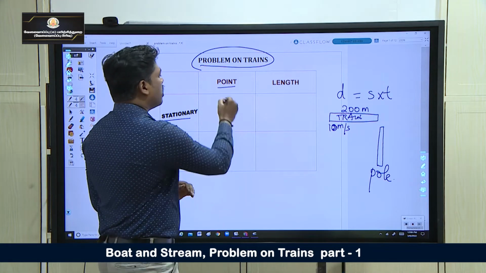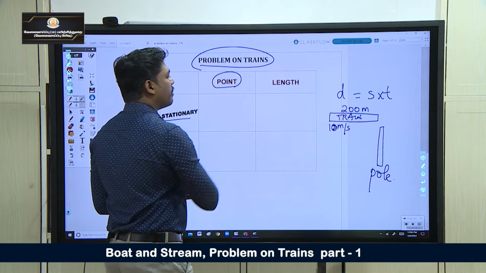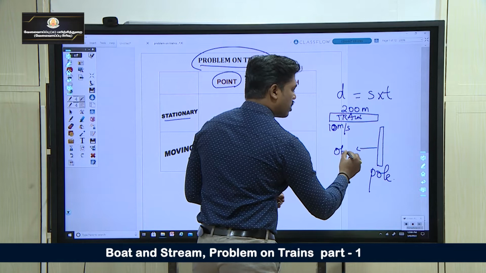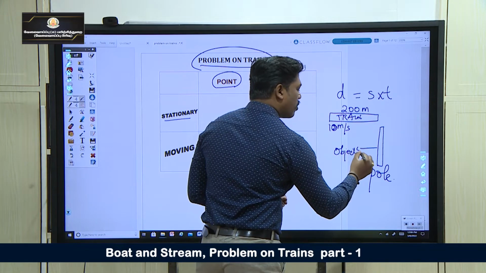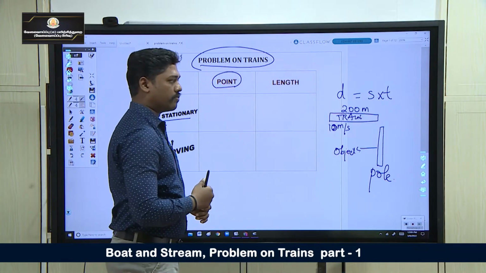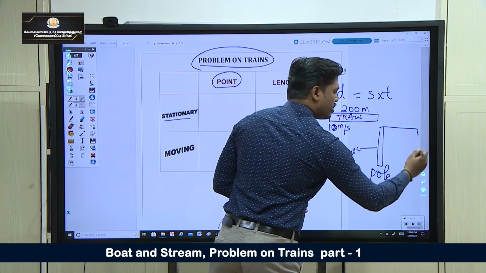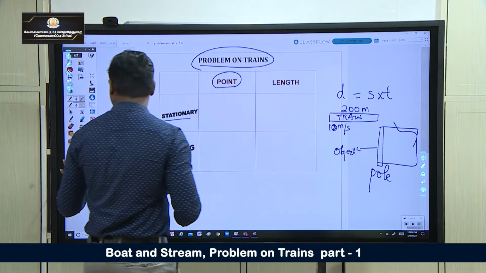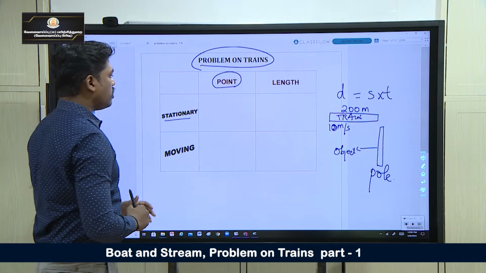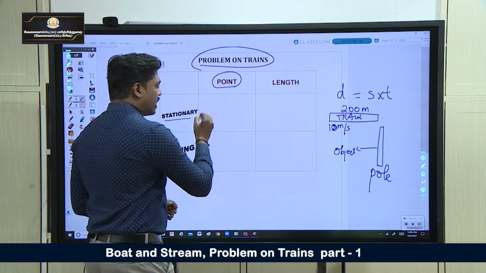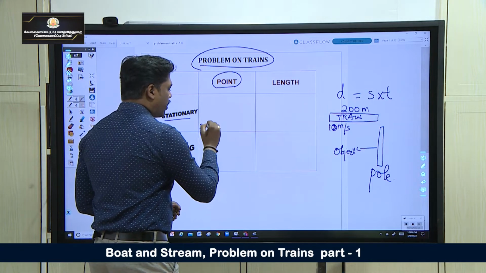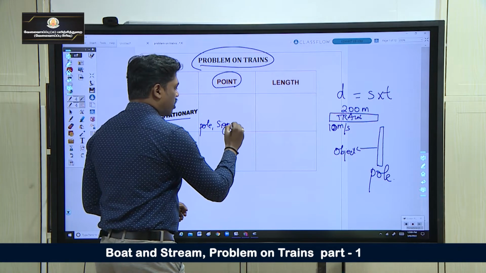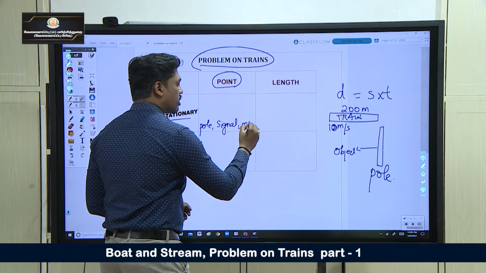So here, what I am mentioning as point means this object is called a point, which means this object has no length. Examples I can tell are a pole, a signal, or a man standing.